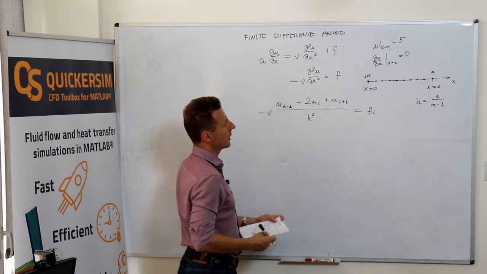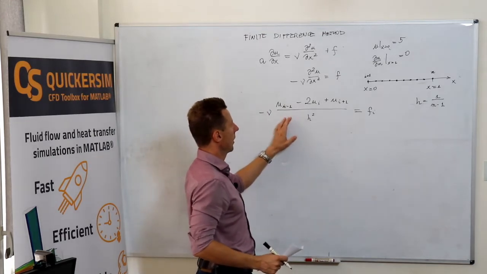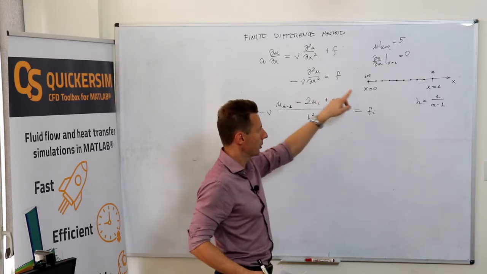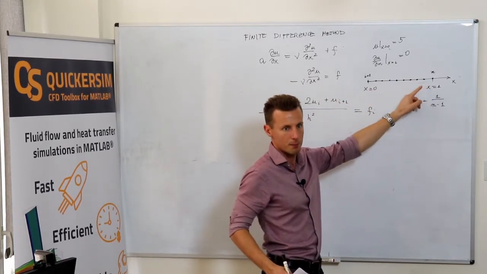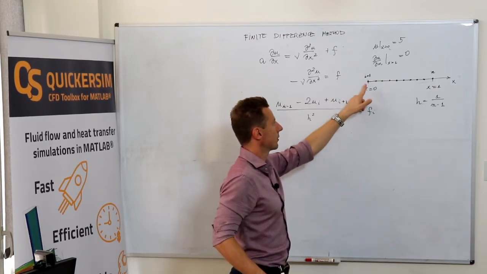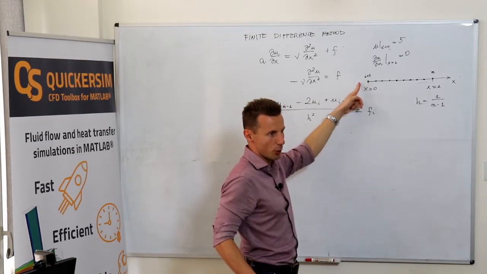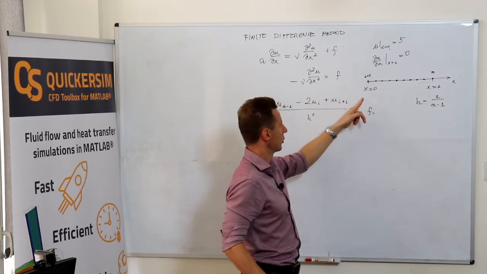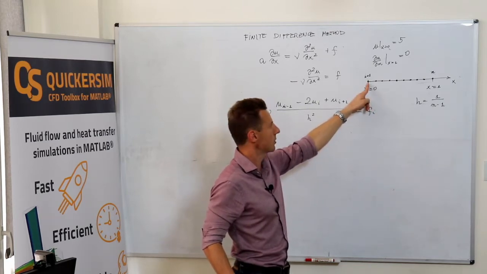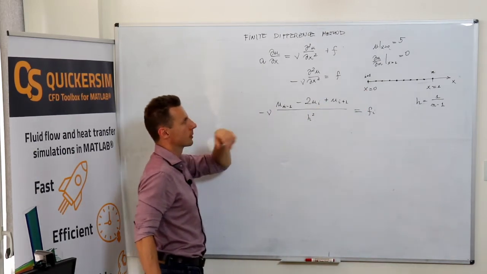But just see that if you want to really generate equations that are defined by the differential equation, then you can only do it for the internal nodes, because first of all, you don't have a neighboring node here to exploit this formula to write the difference equation at the first node.